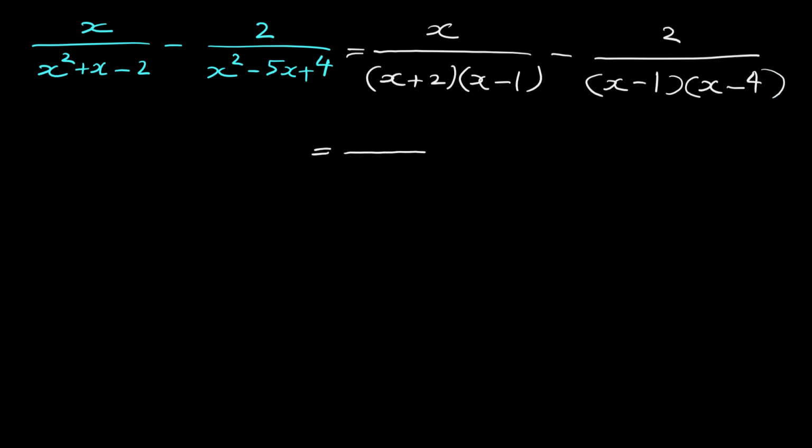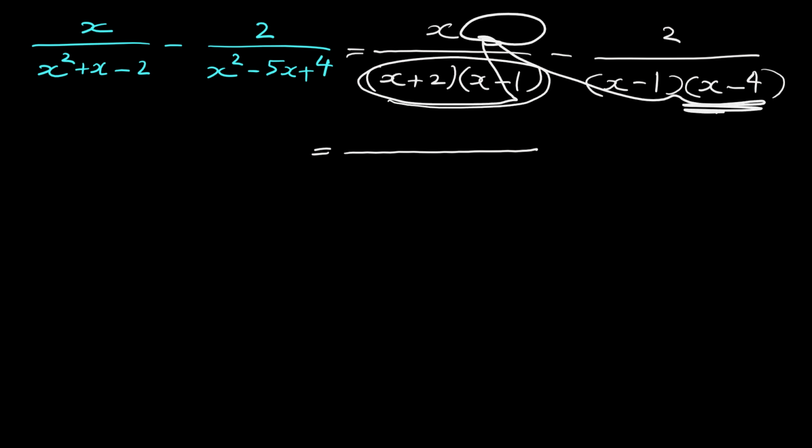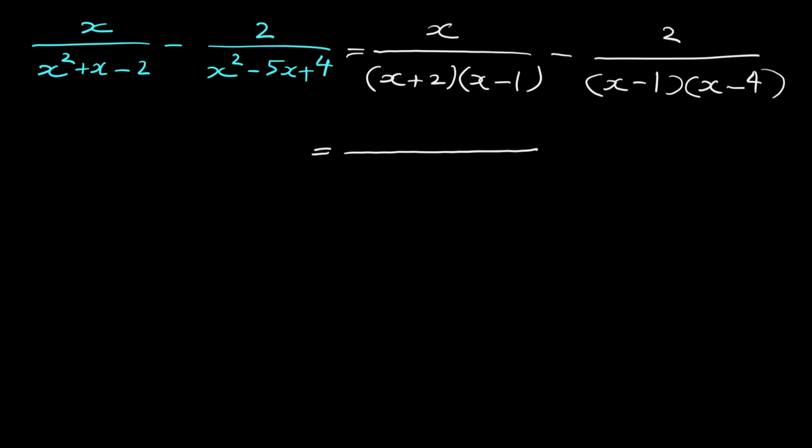Because we want to have this factor also in this denominator, we multiply numerator and denominator by x minus 4. So we have x times x minus 4, and of course we multiply the denominator, x plus 2 times x minus 1, by x minus 4.